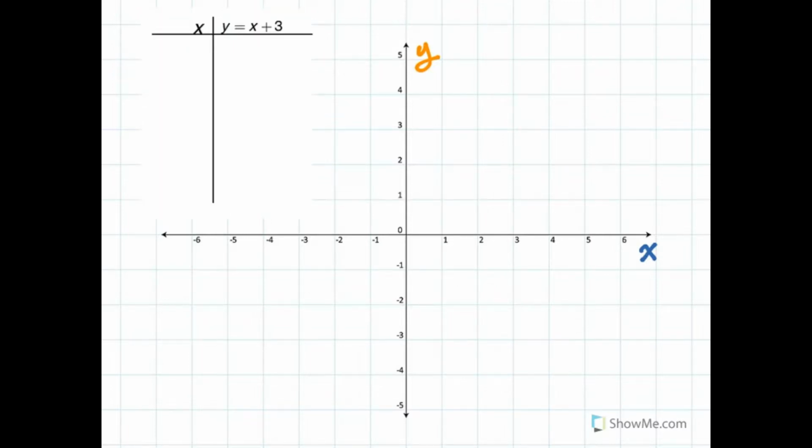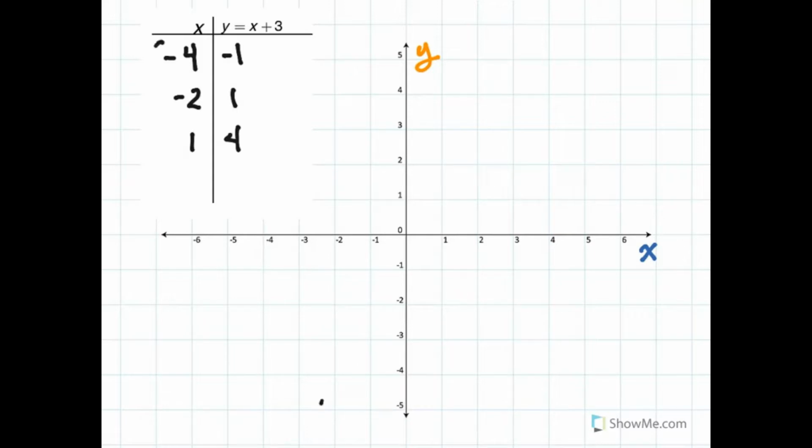No matter what x I choose, I can find a y that is 3 more than that x just by adding 3 to the x. So -4 plus 3 is -1. -2 plus 3 is 1. 1 plus 3 is 4, and so forth.